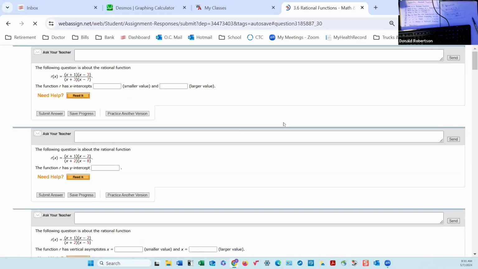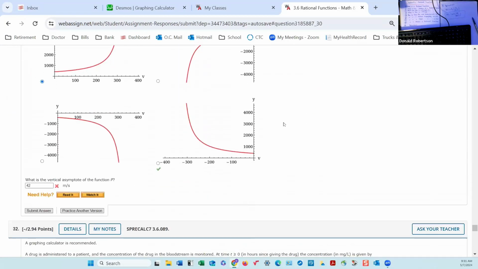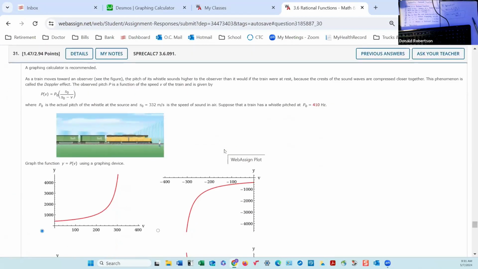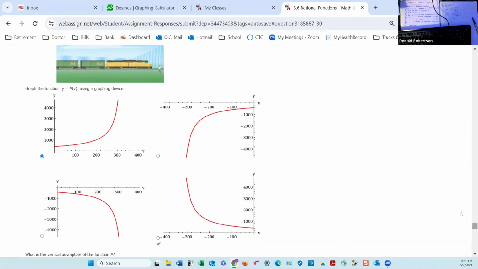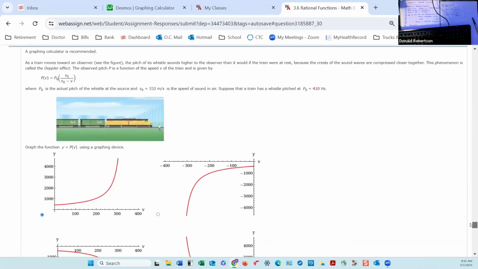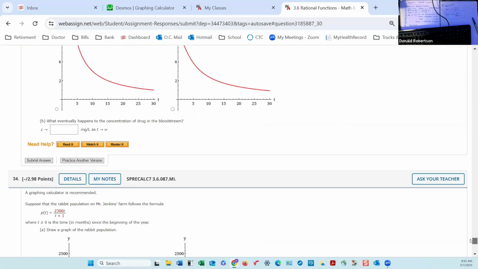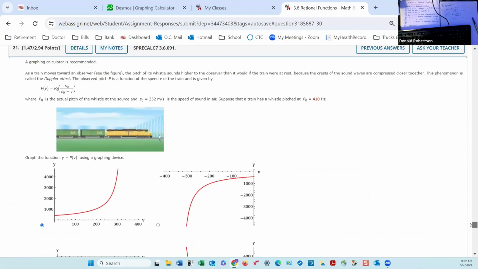I think that's 5 guesses. Okay, what are you not doing here? What is me being silly? Okay, I can fix that. It is vertical asymptote, not horizontal asymptote.